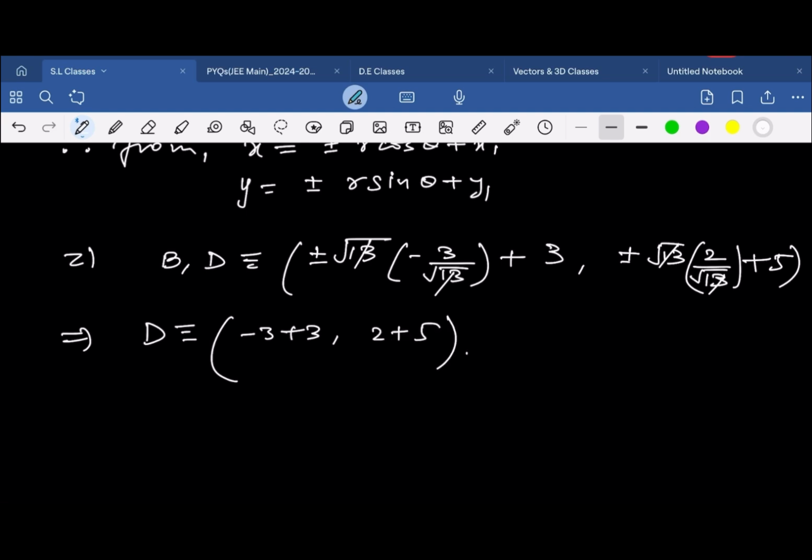And for B take minus plus, so 3 plus 3, comma minus 2 plus 5.